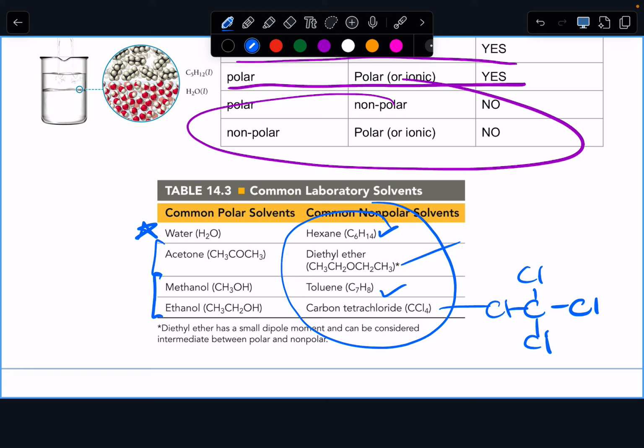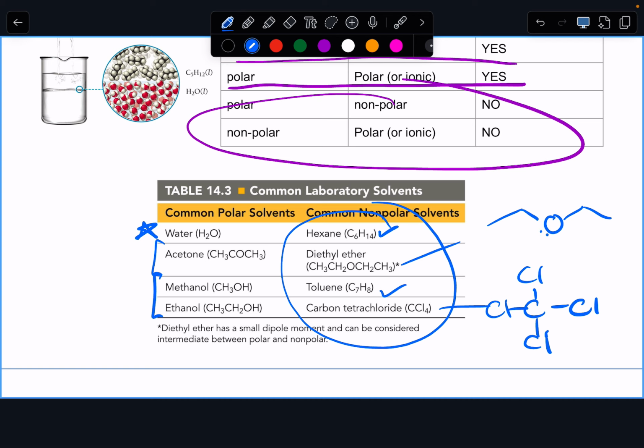Diethyl ether is a little bit of an odd one because you have, I'm going to do it like the line drawings I showed you about how you will eventually do if you take organic chemistry. So you've got this oxygen stuck in the middle, and then you've got carbons and hydrogens on the side. So this is kind of debatable, I mean, this isn't really nonpolar.